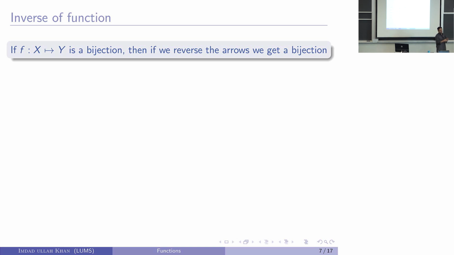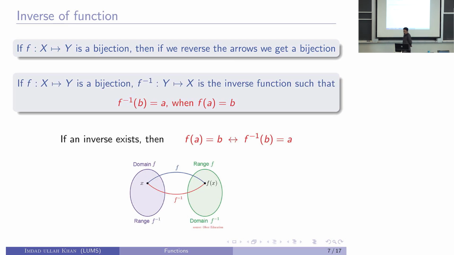But that was just for our understanding. So now we are going to develop this formally. If I have a function f from the domain X to some codomain Y, and that function is a bijection, then I define a new function from the codomain to the domain, from Y to X. The mapping rule is as follows.